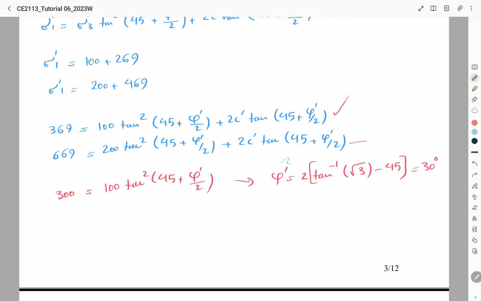And now, if we put the value of phi prime in one of these two equations, we can calculate the value of c prime.